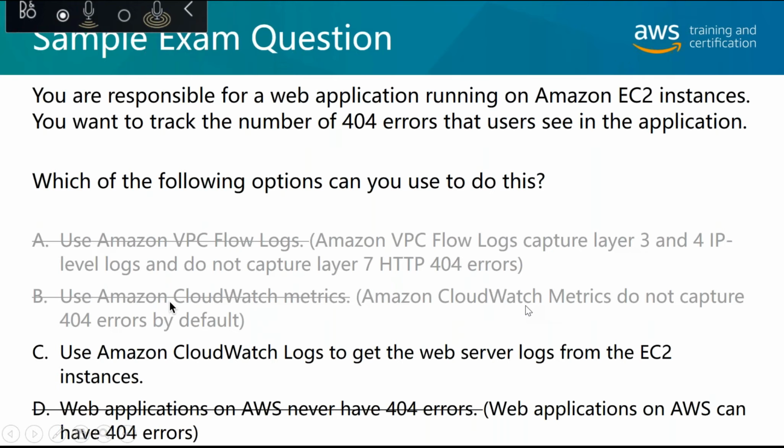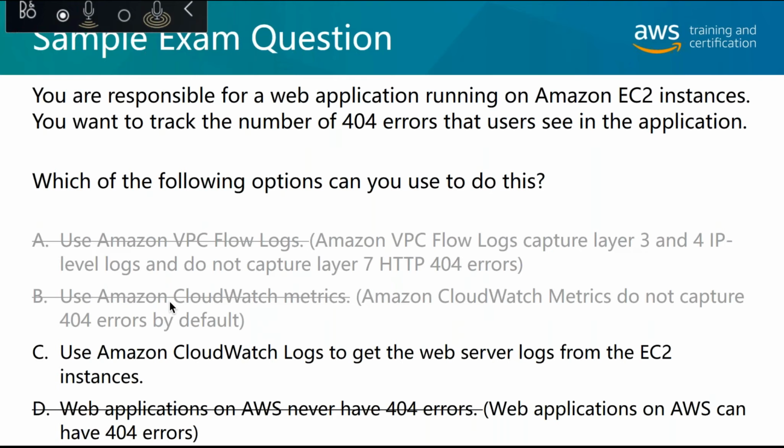With CloudWatch, I mentioned that you have alarms and metrics, but you can also install an agent on an EC2 instance. When you install that agent, you can configure a file to say you want to collect data from different application logs. It could be an Apache log file or an application log file.